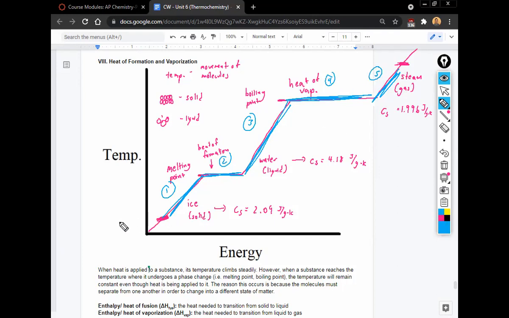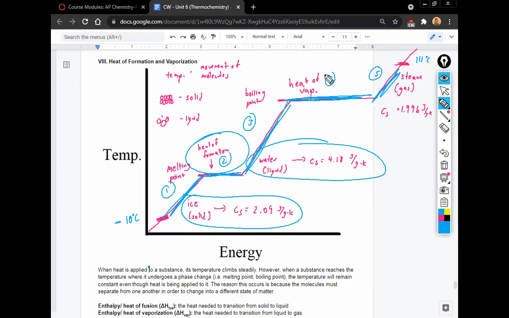If I ask you, hey, how much energy does it take to melt ice that's at -10 degrees Celsius and take it to, I don't know, 111 degrees Celsius steam? You're going to have to add 5 different parts in order to find out how much energy it takes, because they're all different. You can't just have one equation. You're going to have one equation for the specific heat of ice, one equation for the heat of formation, one equation for the heating of water, one equation for vaporization, and then one equation for heating up steam.